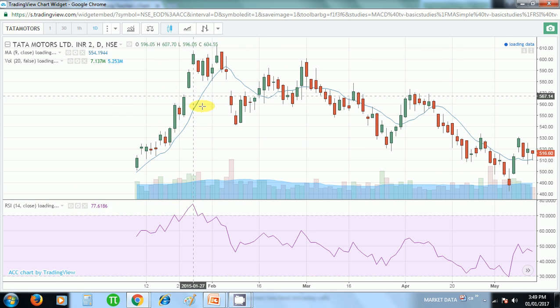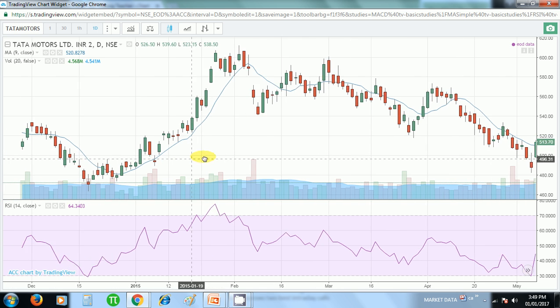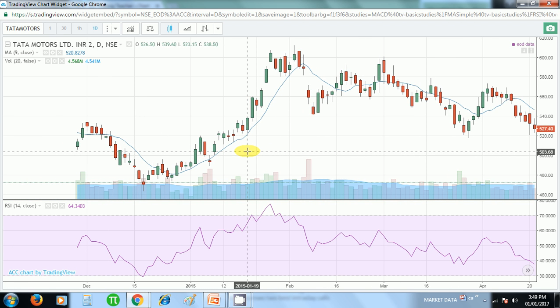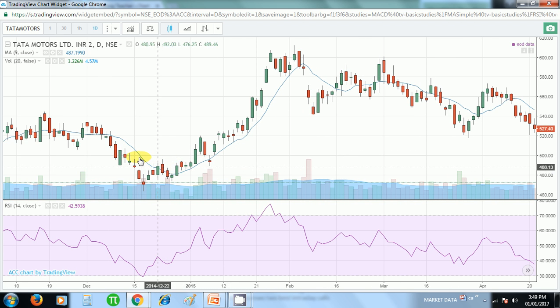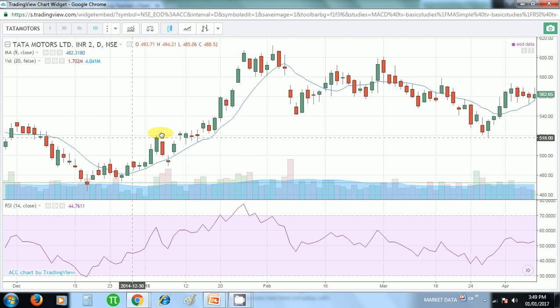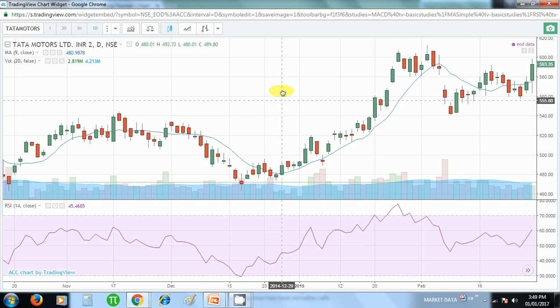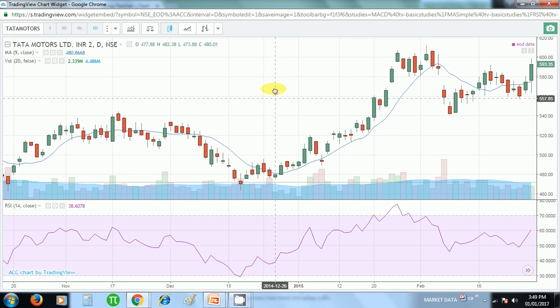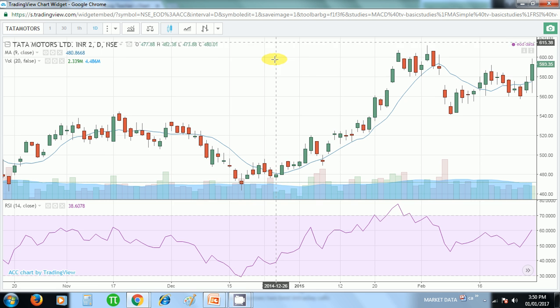Generally this pattern is found in a downtrend. You can take a look here. I have found one morning star formed here, I think. The market is falling from here.